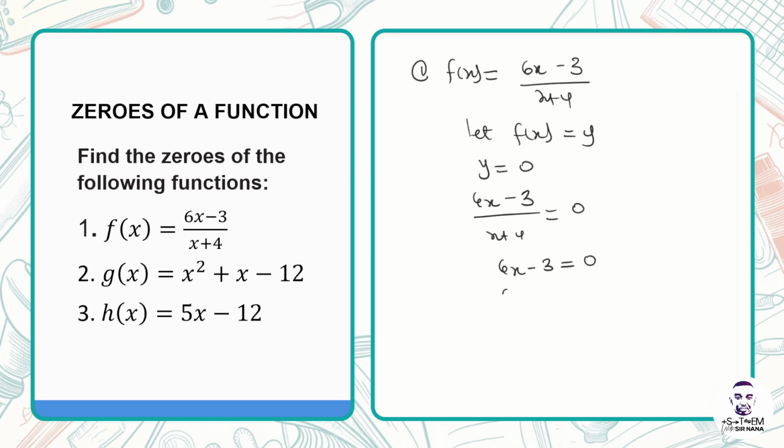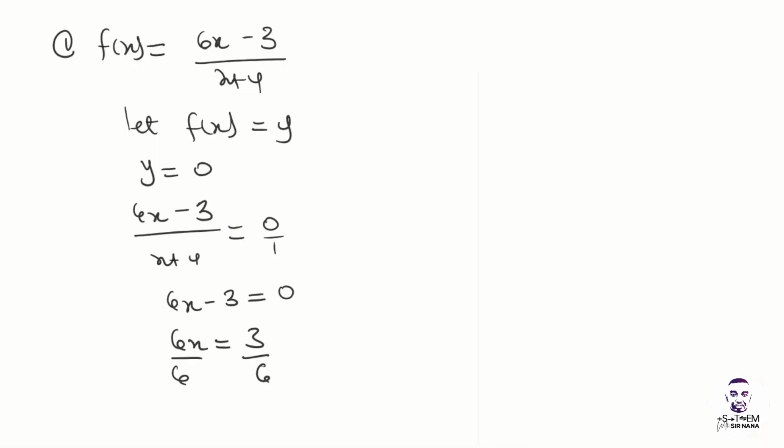So that implies that we will have 6x equal to 3, and then we divide both sides by the coefficient of x, which is 6, right? If we want to use cross multiply, we'll say this is over 1. Then when we cross multiply, we will have 6x minus 3 is equal to 0, right? So the numerator part of the question should always be equal to 0 when it is in the form of a rational function.